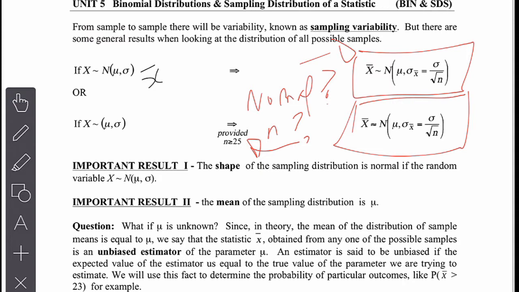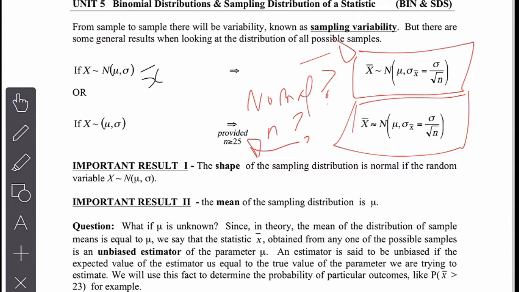The sample mean that you get from one sample is a single sample mean that comes from a distribution of all possible means that could have been computed from all possible samples. So the question arises, what is the shape and what are the parameters of the sampling distribution of X bar?